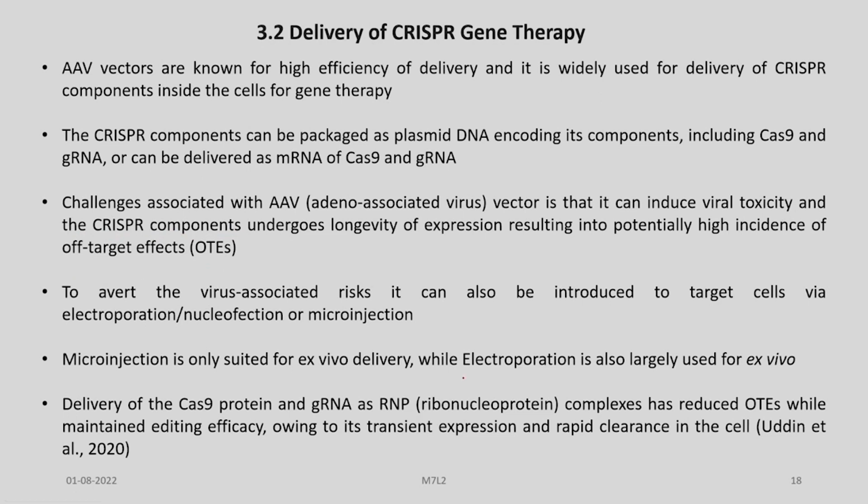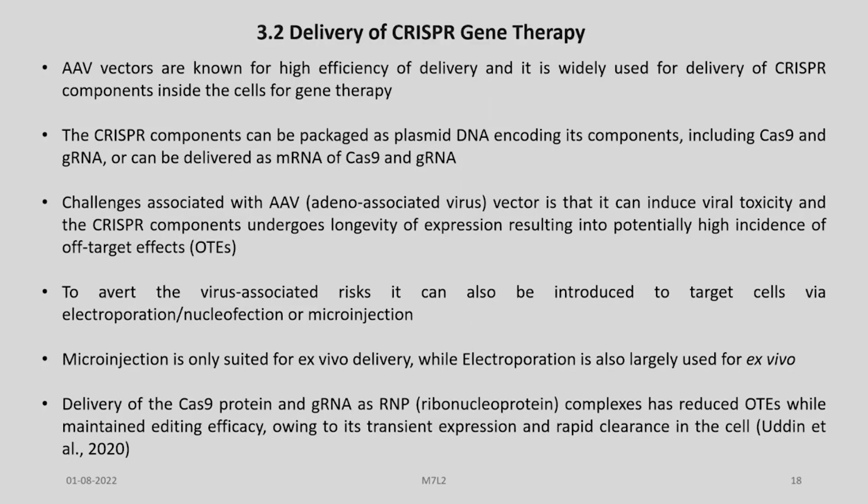To avoid the virus associated risk, it can also be introduced to target cells via electroporation, nucleofection, or direct microinjection. Microinjection is only suited for ex vivo delivery, while electroporation is also largely used for ex vivo and not in vivo delivery.